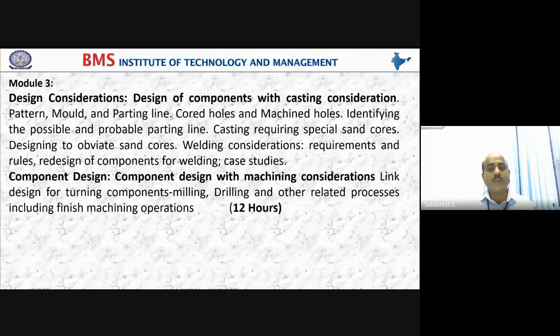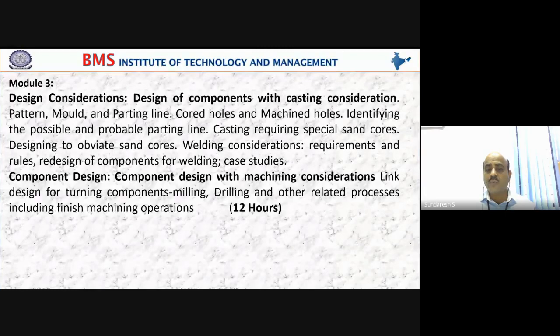In this case, we will discuss the basic concepts of casting, sand casting, what you might have studied in your UG, where we have pattern, mold, and parting line, cored holes and machined holes, identifying the possible and probable parting line, castings requiring a special sand core, designing to obviate sand cores. So this is totally related to the casting components, right?